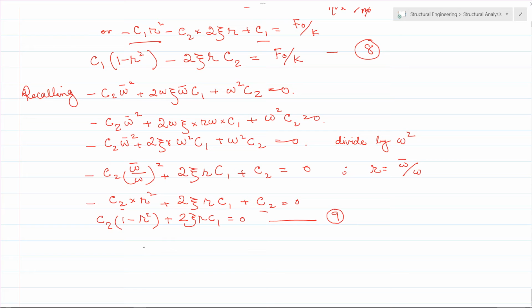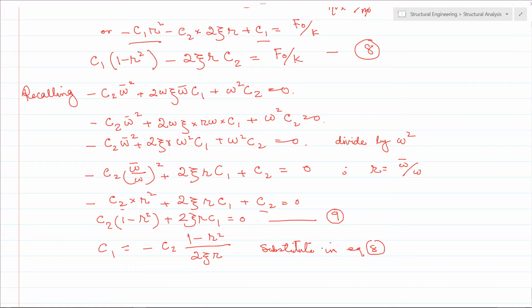So from here, let C1 be equal to minus C2 into 1 minus r square over 2 xi c r, and we can substitute in our equation number 8.